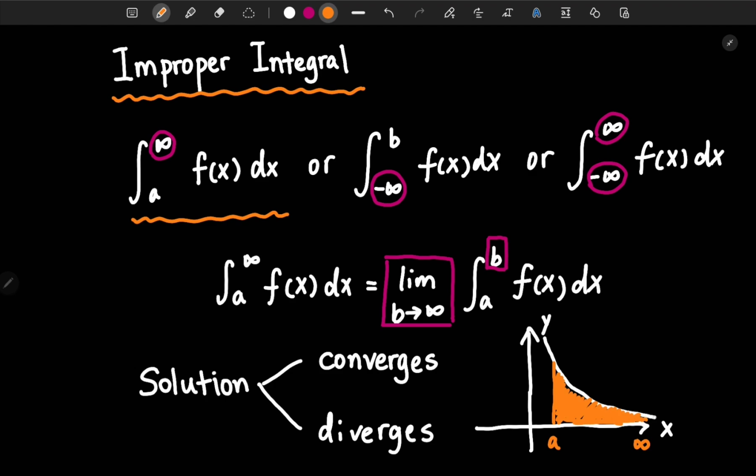In our case, you see that as x goes to infinity, the area of this part converges to a certain value.